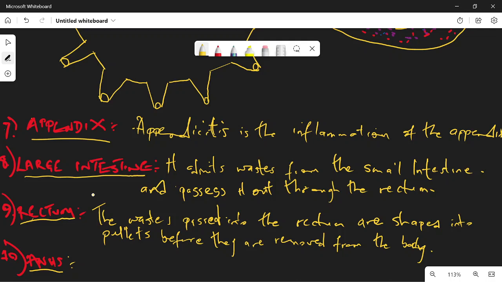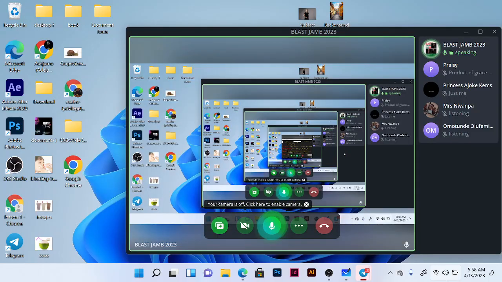So the anus helps to pass out the waste. So that is it about the alimentary canal of man.